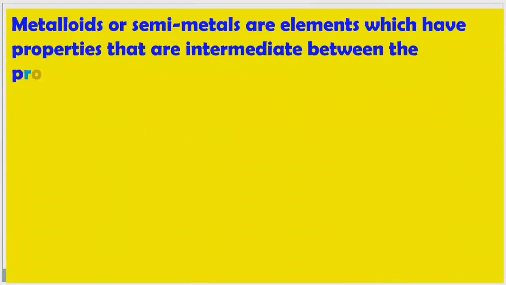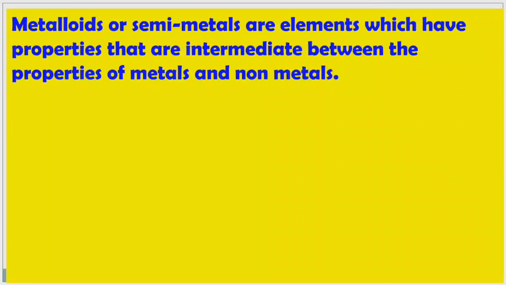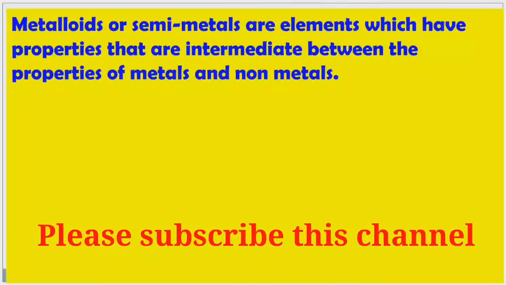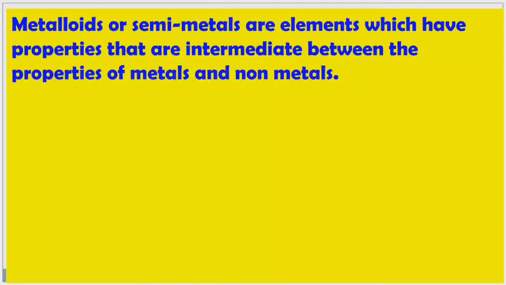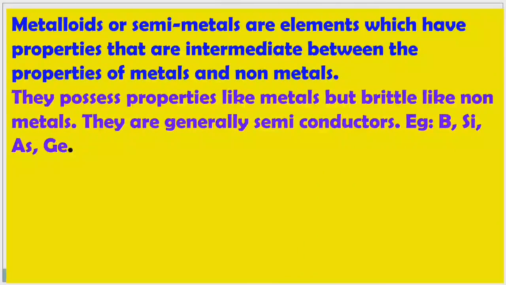Metalloids or semi-metals are elements which have properties that are intermediate between the properties of metals and non-metals. Metalloids and semi-metals are the same. They possess some properties like metals, but are brittle like non-metals.